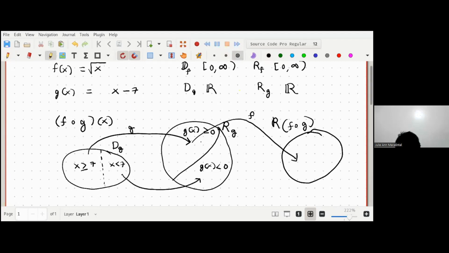Pero only the yellow part. So itong yellow, yan yung domain.